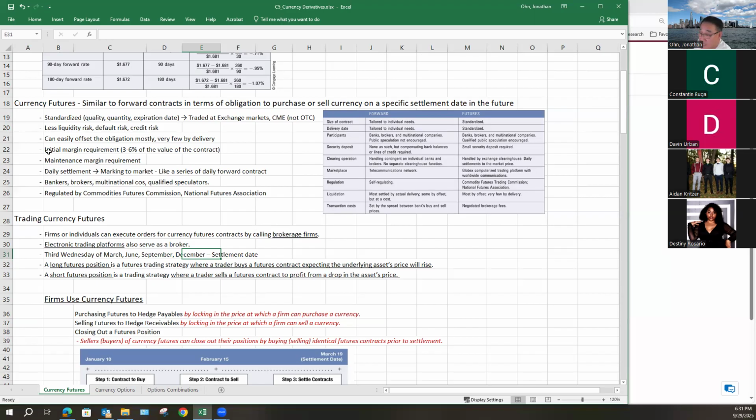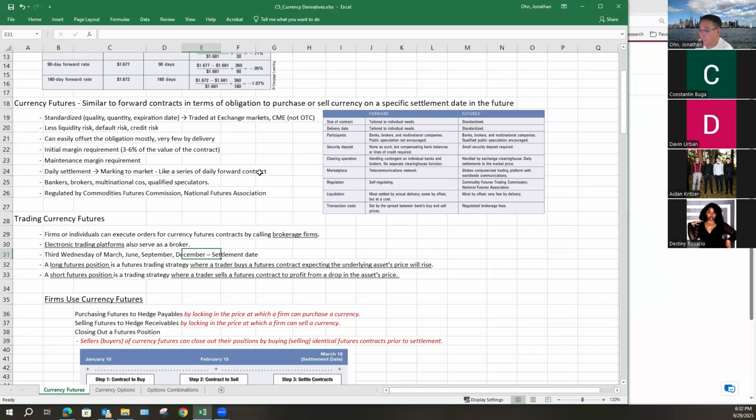Another one is that it has some requirements. One is we have to carry an initial margin requirement of about 3 to 6% of the value of the contract, and the maintenance margin requirement. And then daily settlement, marking to market. It's like a series of daily forward contracts. This means your margin account should be settled every day.